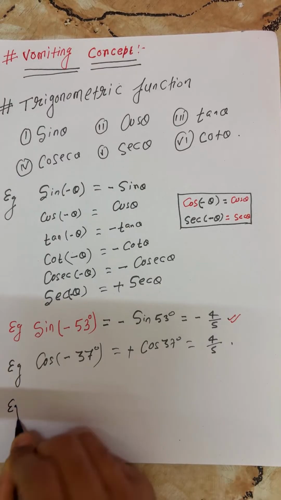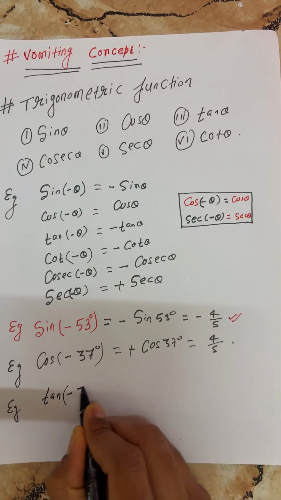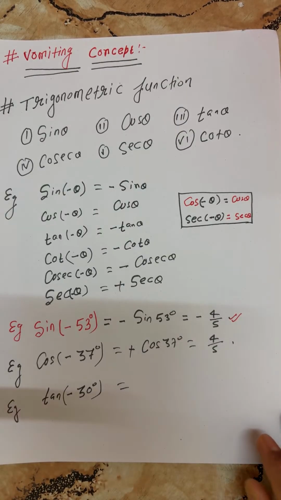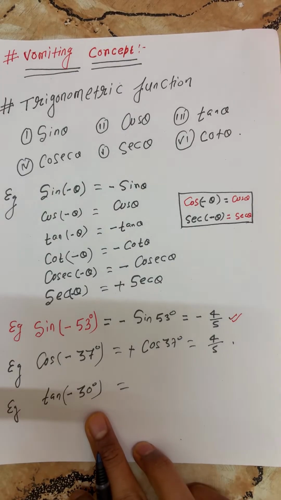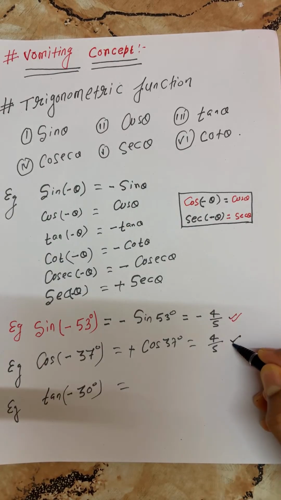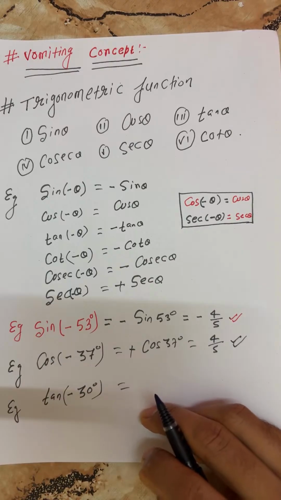Next student, let us suppose I'm calling tan of minus 30 degree. Answer me, anyone from all of you? Tan of minus 30 degree. Beta, you're replying with much delay. Cos of minus 37 is already done. Now I'm asking tan of minus 30 degree.